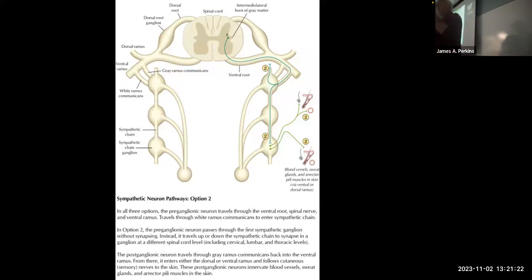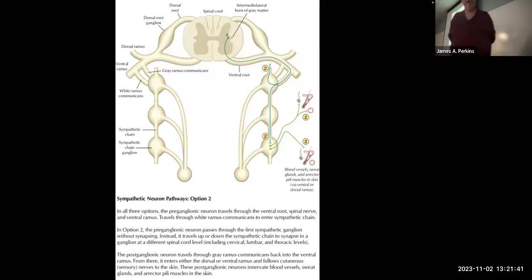Instead of synapsing immediately in that very first ganglion that these preganglionic neurons enter, some of them are going to turn superiorly and travel up the sympathetic chain to a higher level, including all the way up to the neck, to the cervical ganglia.